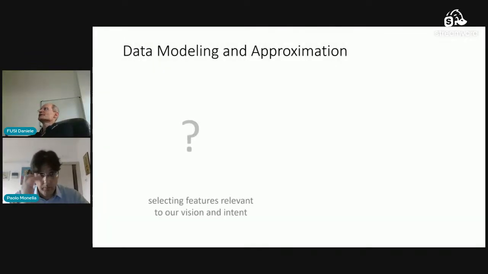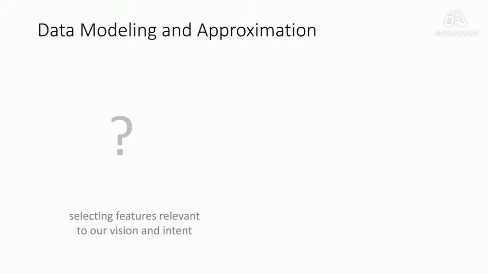Of course, models are approximations, so we'll never be able to, nor want to, say everything about everything. In a model, we just select those features relevant to our vision and intent. So consider the famous Platonic question about defining the horseness of a horse. This is the idea of a horse above all the individual instances of it.